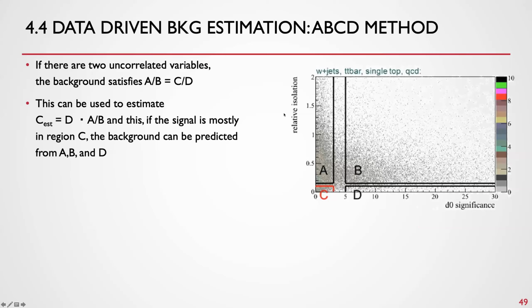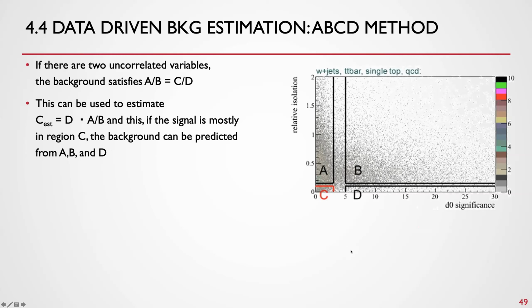Now, if you can prove otherwise or from first principles that the two variables are uncorrelated, then you know that A over B equals C over D. If these two measurements have nothing to do with each other, that is, the relative isolation and the distance of closest approach to the interaction vertex, then the number of events in these regions, A, B, C, and D, that you can suitably define, satisfy the relation A/B = C/D.